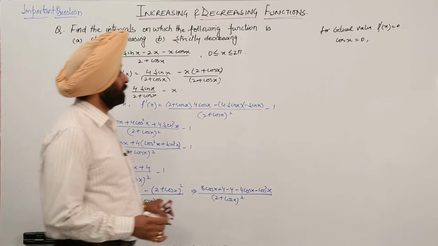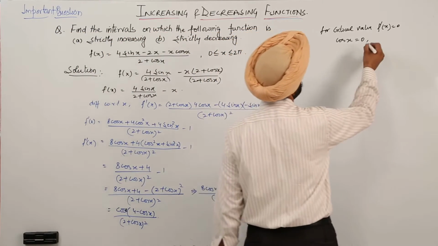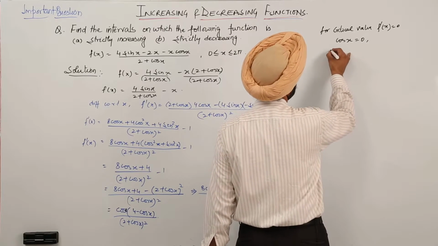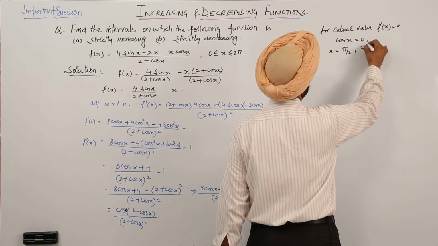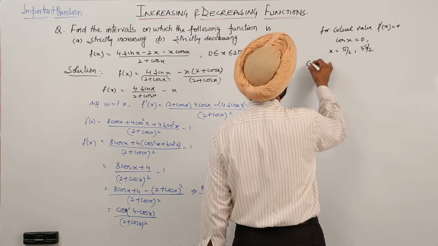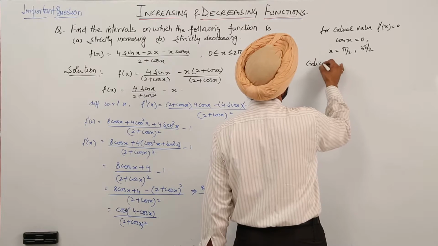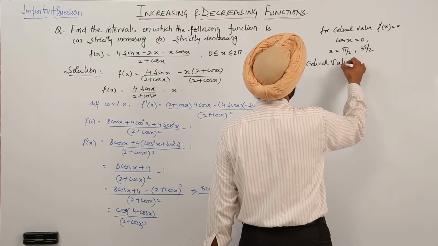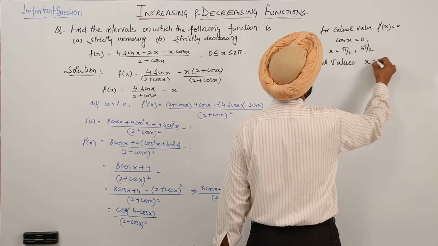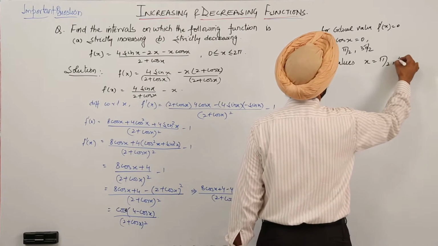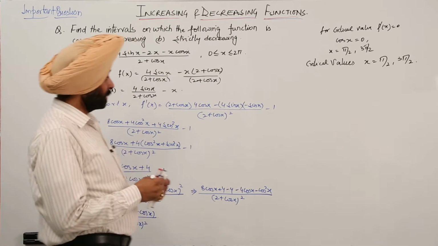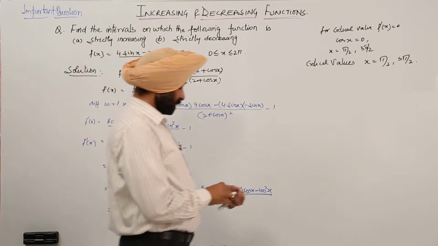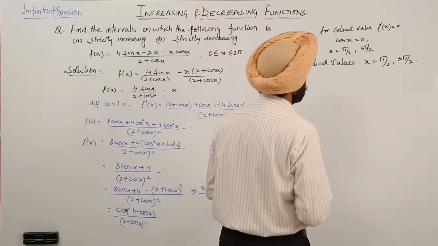So we are left with only cos x is equal to 0. So here x is equal to pi by 2 and 3 pi by 2. Now the critical values are x is equal to pi by 2 and 3 pi by 2. Is it clear?